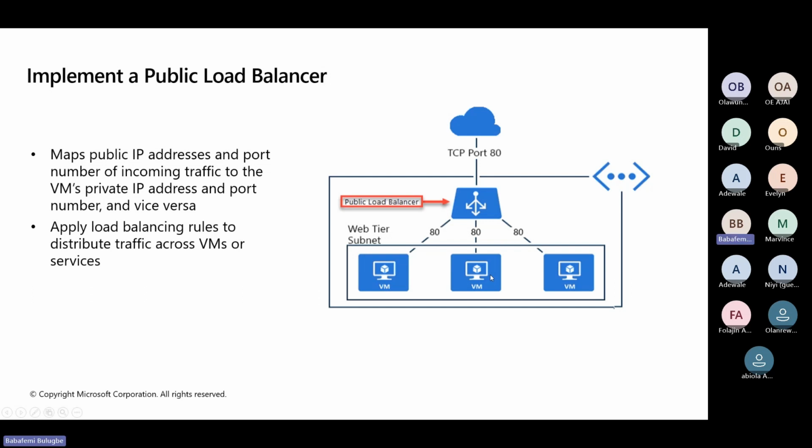And that's what we call a load balancer. So you can see the public load balancer maps IP ports to incoming traffic across the private IP address of the virtual machine. So it applies what we call a load balancer rule to distribute traffic across the workload that is hosting that application.